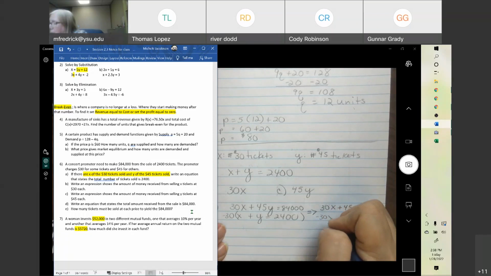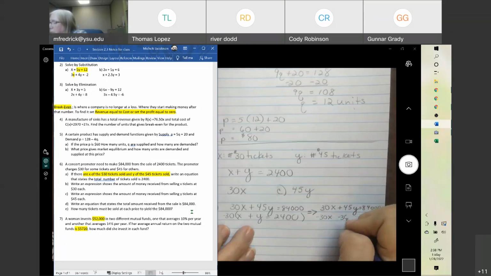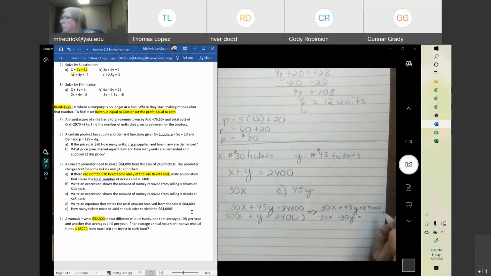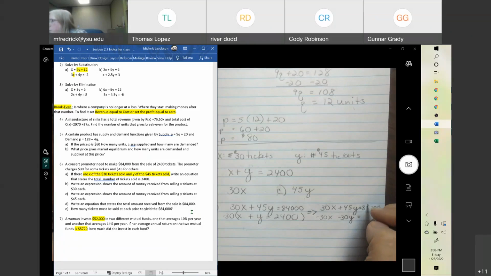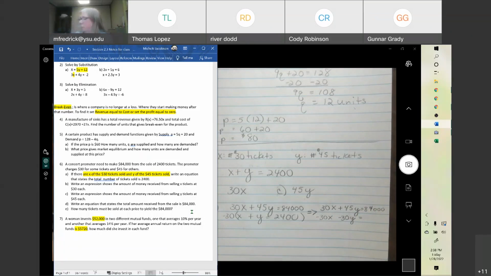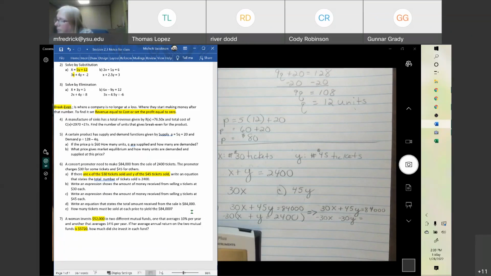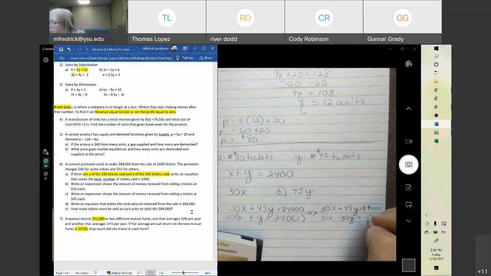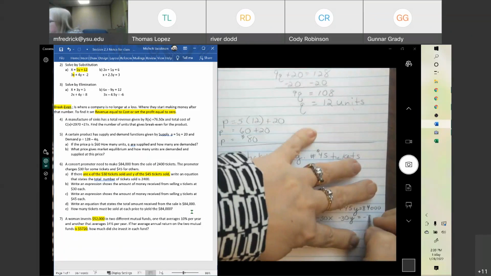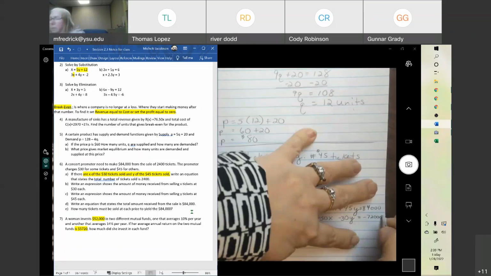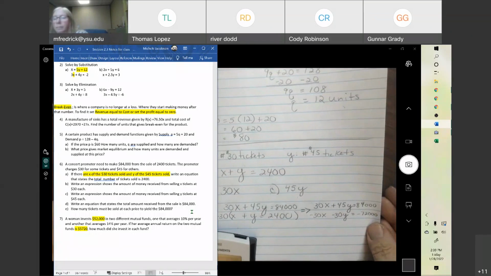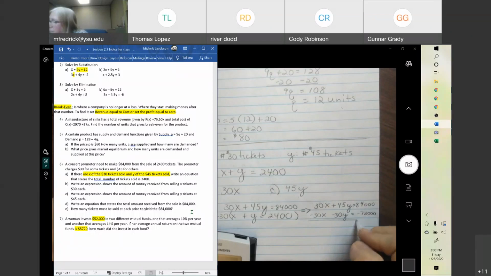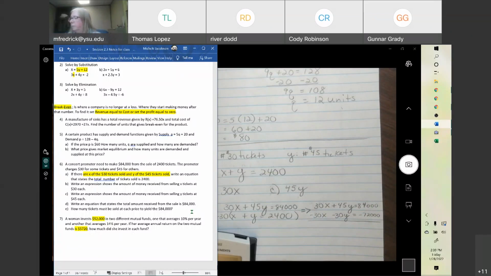Negative 30x, negative 30y equals negative 72,000. Any questions on that part?